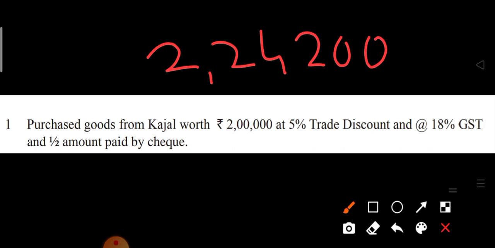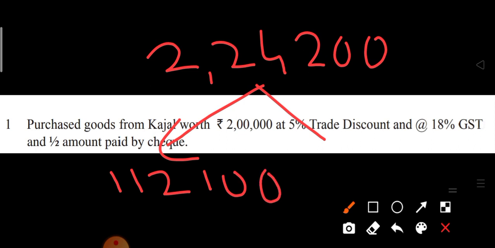Out of which one half amount is paid by check, meaning the other half amount we are going to pay in future. So half of 2,24,200 is 1,12,100. So this much amount we paid by check, and the rest of the amount will be considered as credit purchase amount.